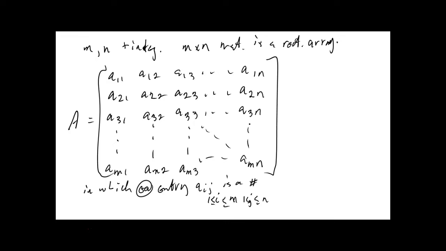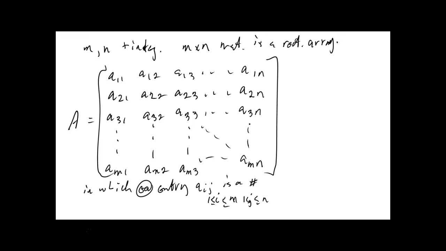We'd say it's a square matrix of order N. You can't call a rectangular matrix of some order because typically M and N are not the same. But if it's a square matrix where M is equal to N, then you call it a square matrix of order N.